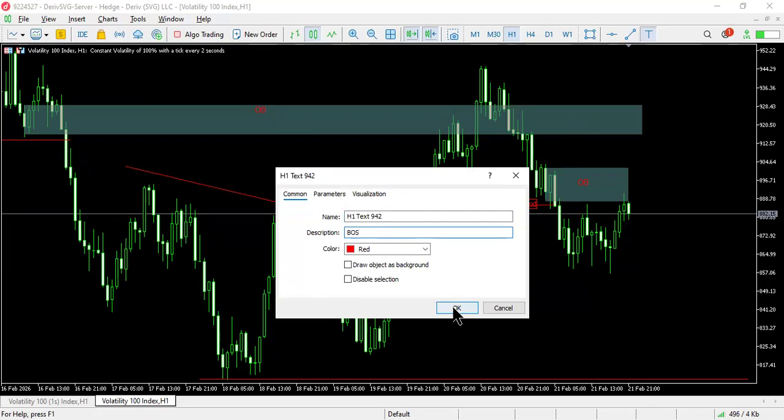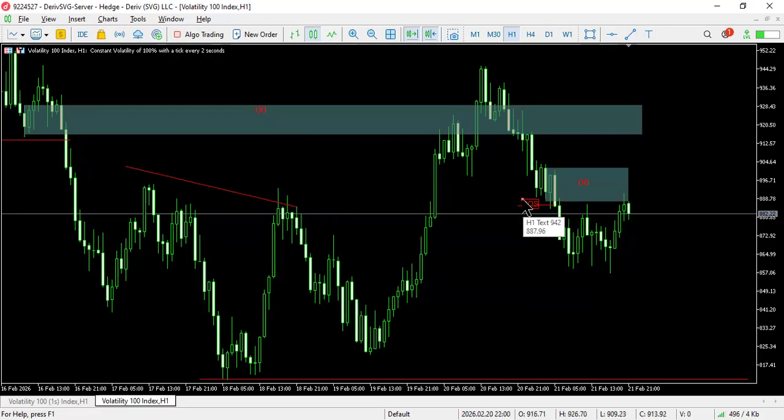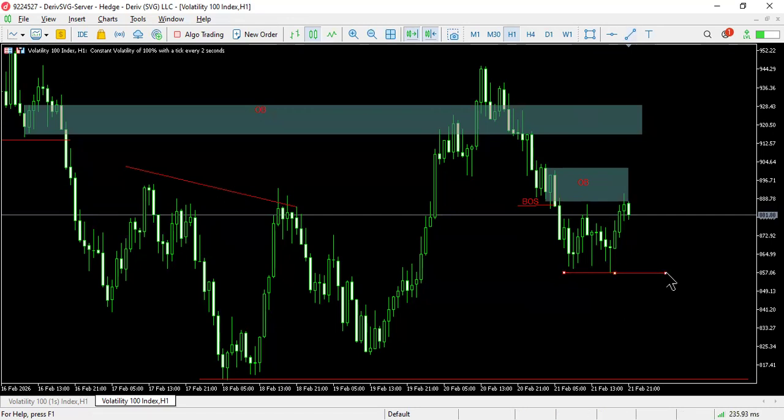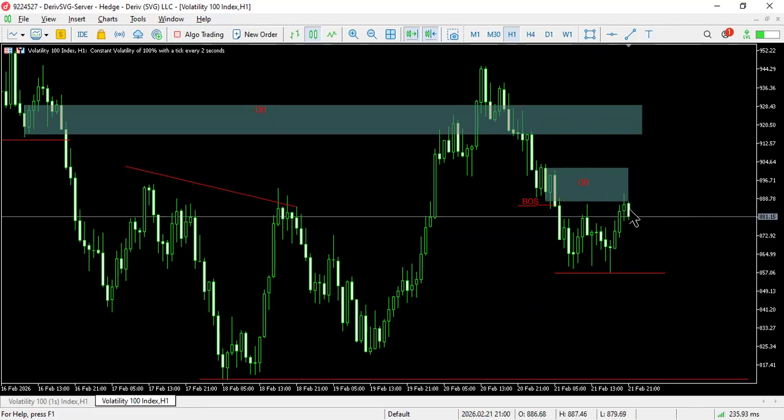for a retest. Let's see if we can enter this move because we are still at this order block. As you can see, price is already rejecting. We are forming a bearish engulfing.